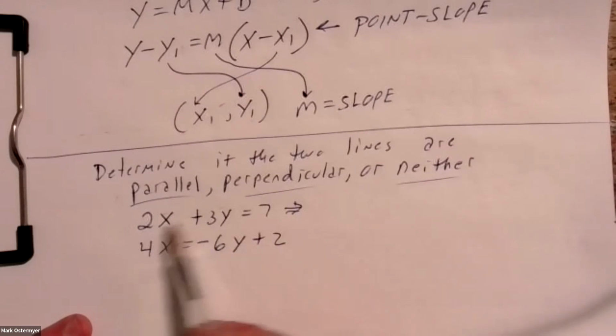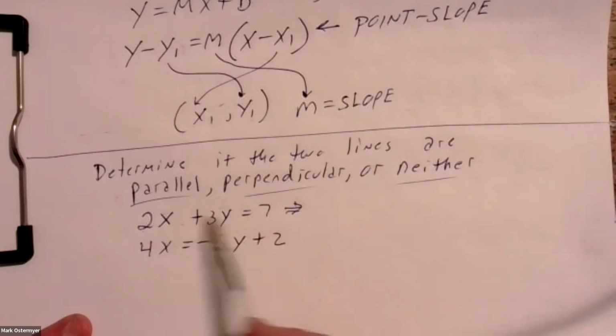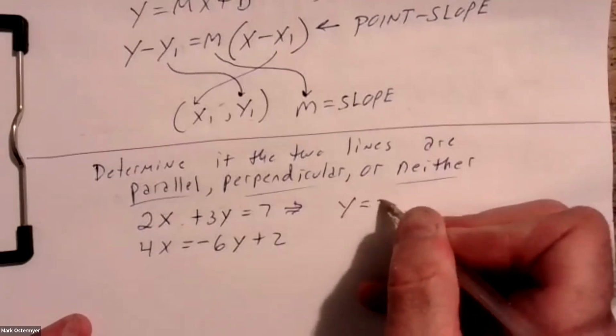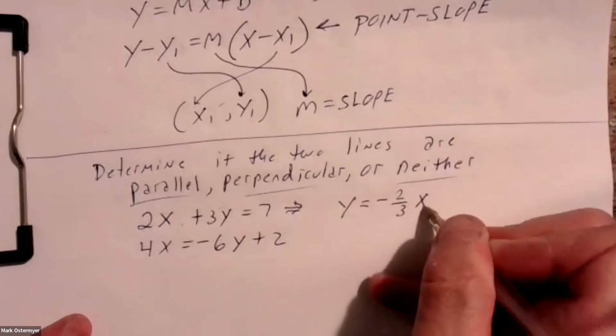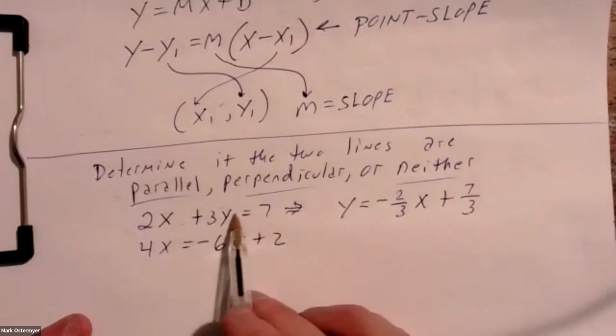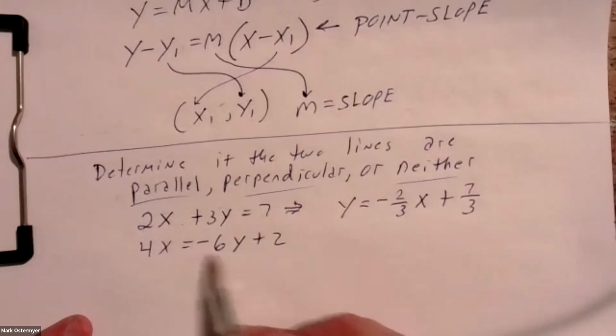Now, I'm going to speed things up just a little bit. If you were to solve this equation for the variable y, hammer it in slope-intercept form, you're going to have y is equal to negative 2/3 x plus 7/3. Same thing here.